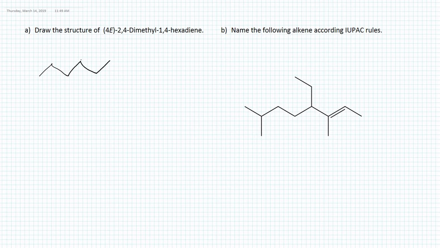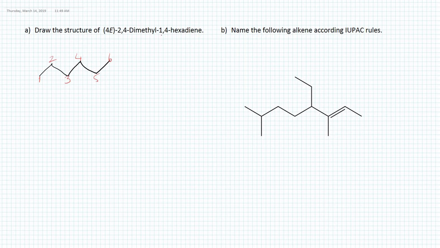So 1, 2, 3, 4, 5, 6 carbons long, an open chain, and let's number the carbons because it will help us to draw the structure correctly. So this is number 1, number 2, number 3, number 4, 5, and 6.